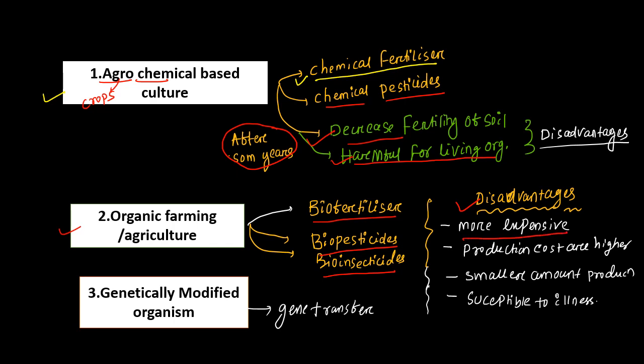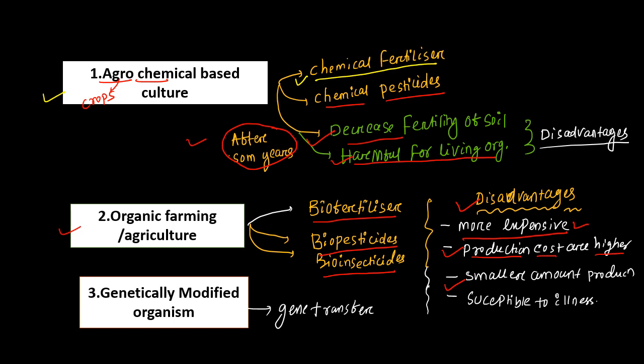The main disadvantage is that these fruits and vegetables are more expensive than chemical based agriculture. Secondly, production costs are very high, because we cannot produce organic fruits or vegetables in normal conditions. They need proper conditions, for example polybags.